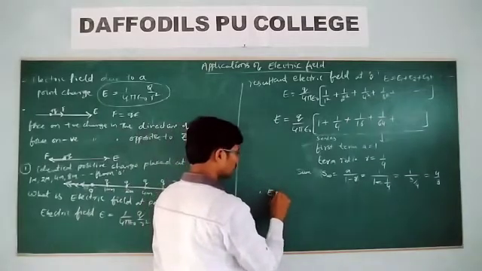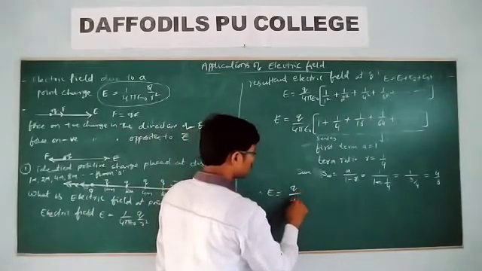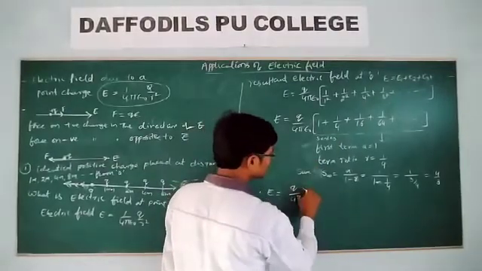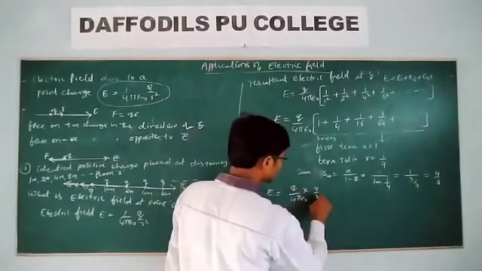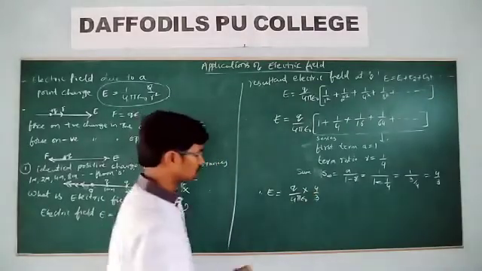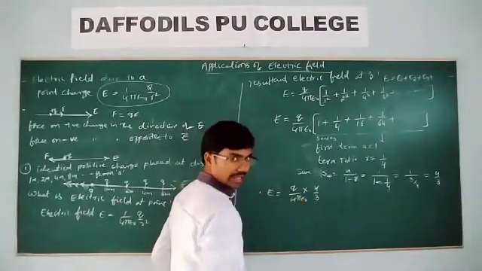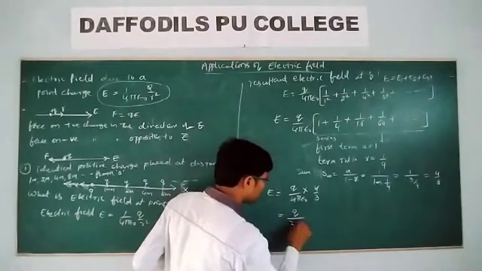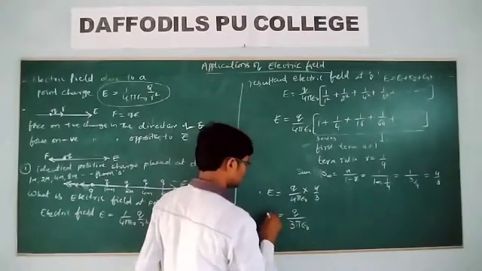Therefore, E is equal to Q by 4 pi epsilon naught into this total value, which is 4 by 3. Then 4 and 4 get cancelled. What is the resultant electric field? Q by 3 pi epsilon naught. Is it?